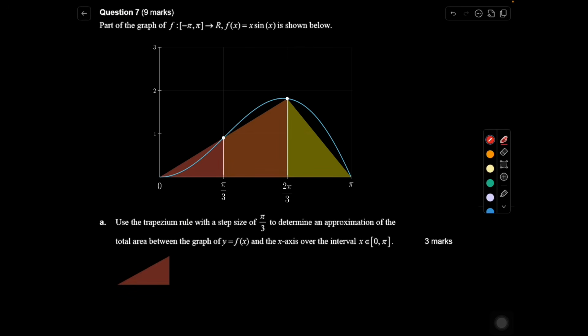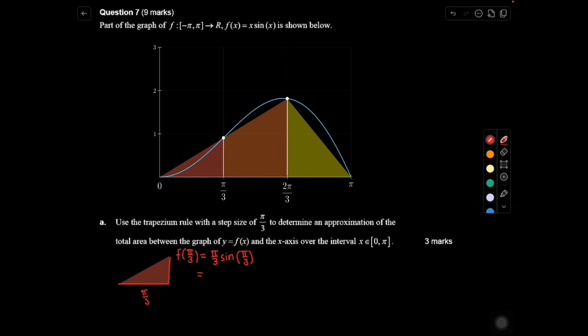So let's start with the area of our first shape, which is this triangle. We know the base length here is going to be pi on 3 because that's our step size. And then to find the height here, we just need to substitute in the x value at this point when you look on the graph, and that's pi on 3. So we need to work out f of pi on 3. And that gives us this.